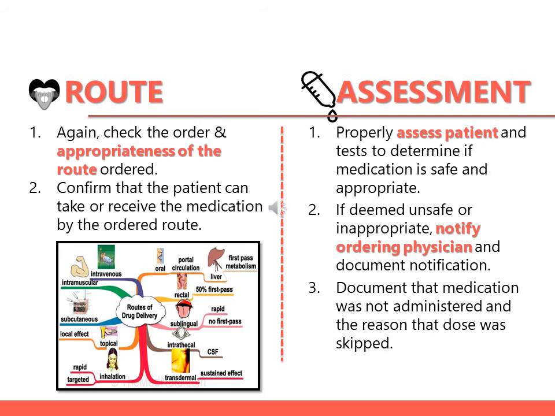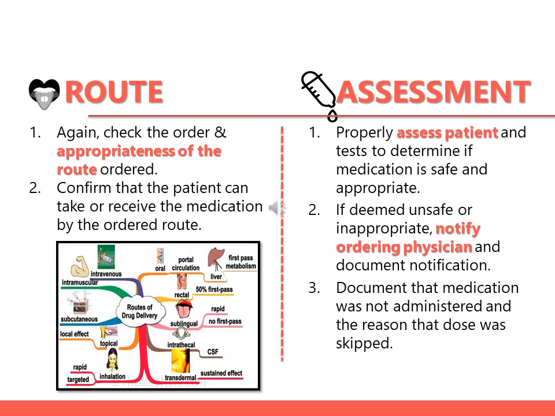So how do you make sure that you are giving the right medication in the right route? One, check the order and appropriateness of the route ordered. Remember, in the prescription, in the medication order by the doctor, it is written there how you give the medication to the patient: mouth, skin, blood vessels, through injection, etc. And number two, confirm that the patient can take or receive the medication by the ordered route.